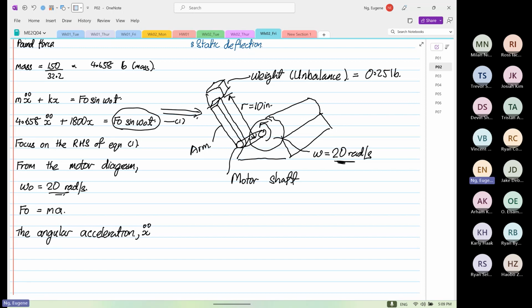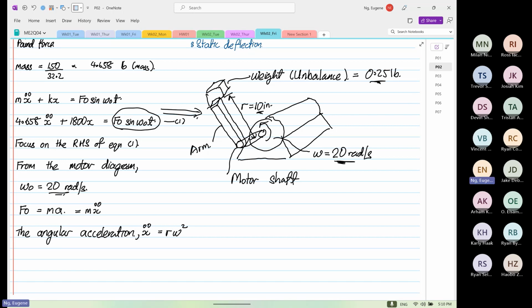So this will be equal to r omega squared. So I'm going to put this is also equal to m x double dot. So we know the radius is 10 inch. And then now we know the weight, we have to convert to mass.